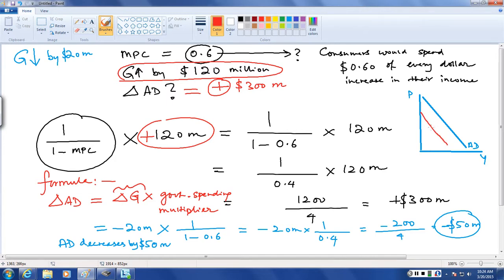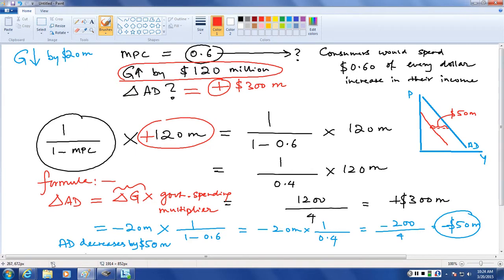And what would that horizontal distance be? Horizontal distance. Well, that is the decrease, right? And that horizontal distance is going to be how much? Right? That's the decrease in aggregate demand that results from this reduction in government spending. Okay?